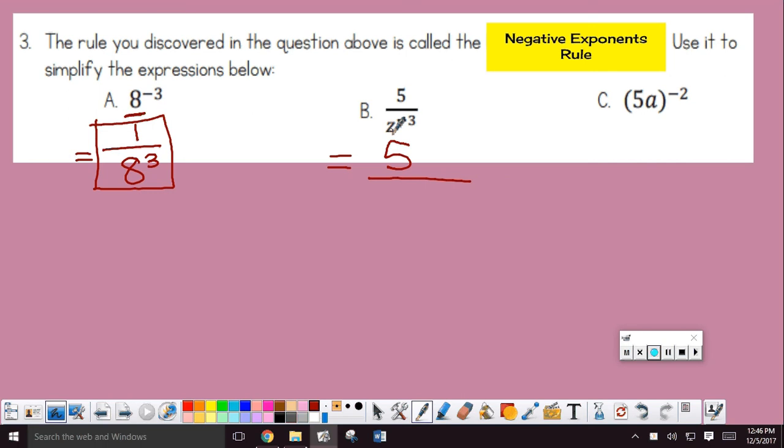Where is it going to end up, in the numerator or the denominator? It goes to the numerator. So it's going to become Z to the third power. Is there anything in the denominator? 1. Do I need to include that? If you want to. If you don't want to, you don't have to. Is the 1 in the denominator changing the value? No.